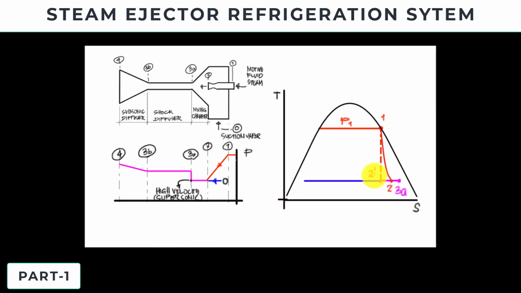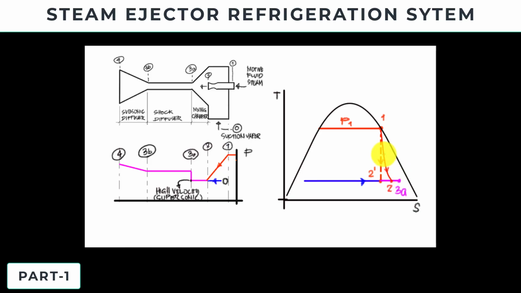So since meron tayong tinatawag na efficiency, it will not be an isentropic process, but it deviates yung value ng entropy natin. Now, from 3A, we go to 3B. So you will notice 3B, 3A, there is a slight increase in pressure.